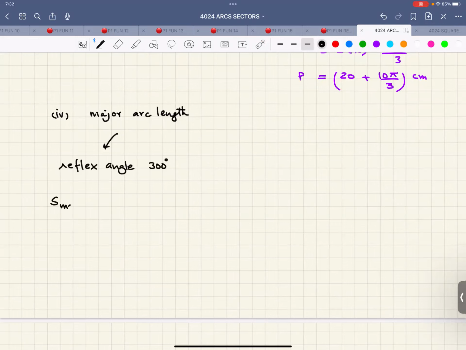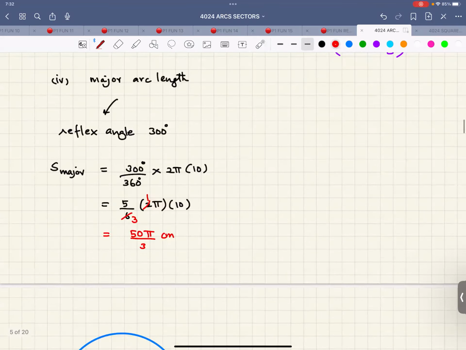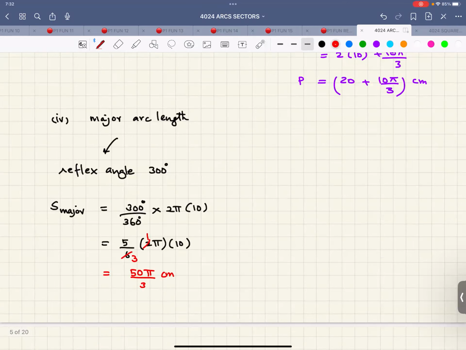Therefore, major arc length is 300 over 360 into 2 into pi into 10. That is 5 over 6 into 2 pi into 10. That is 50 pi over 3 centimeters. That's one method. Now let me use another method.